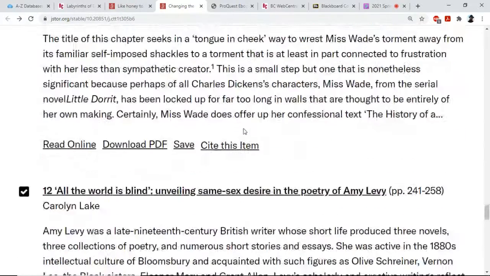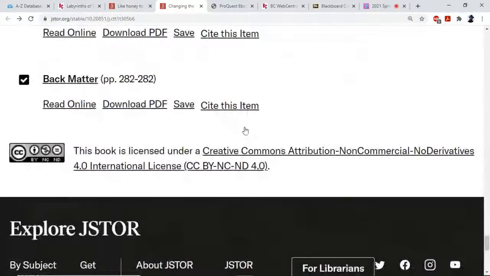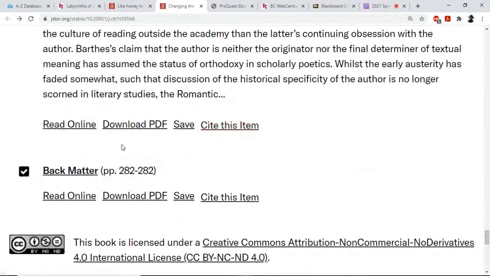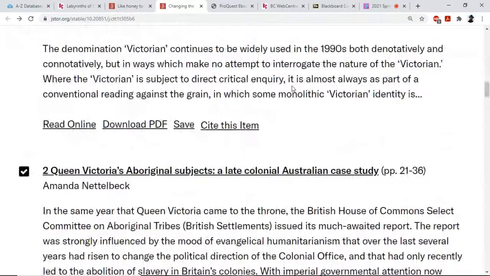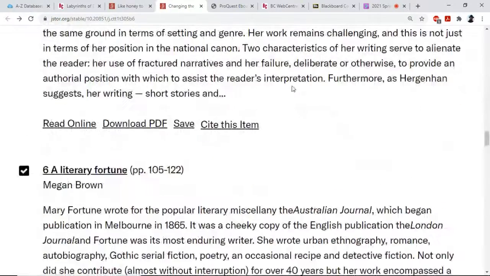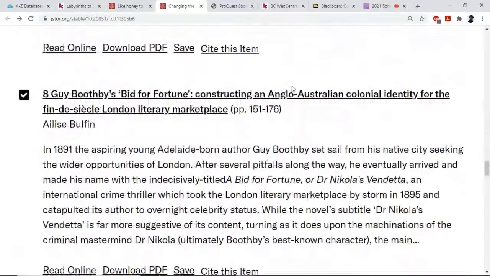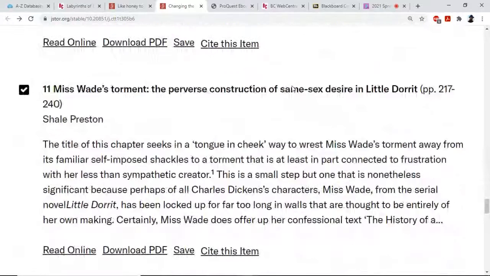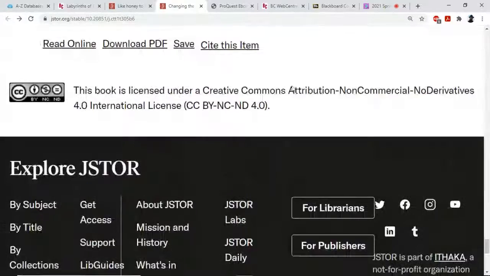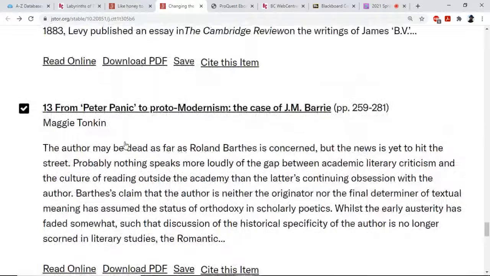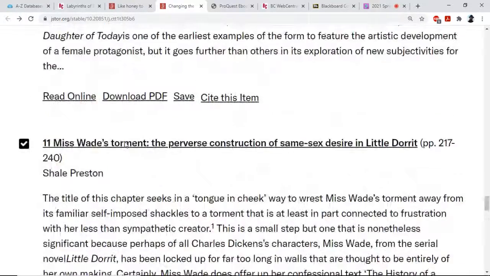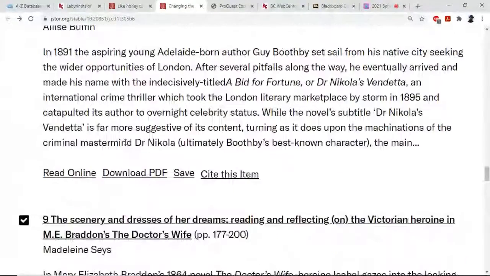You want to find out by going right to the index and seeing if it mentions her directly. Okay, so scroll down through the chapters. But what do you see? There's no index, right? That's because it's an anthology. A lot of times anthologies won't have an index.